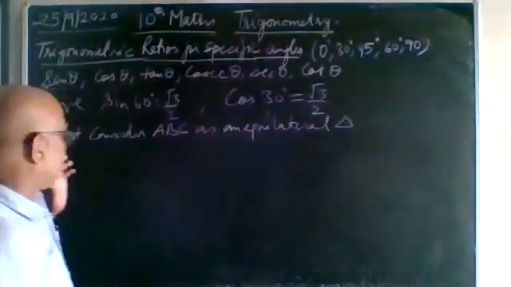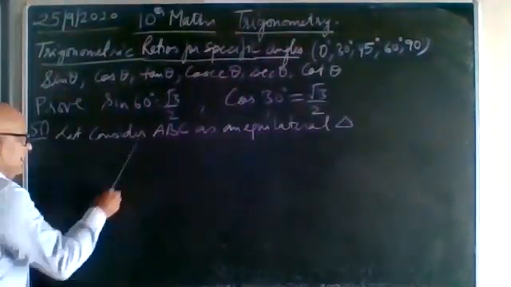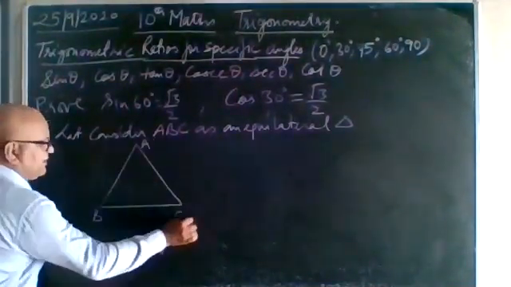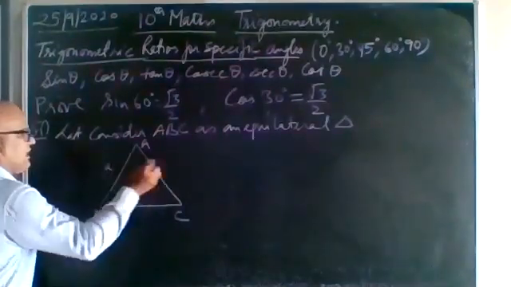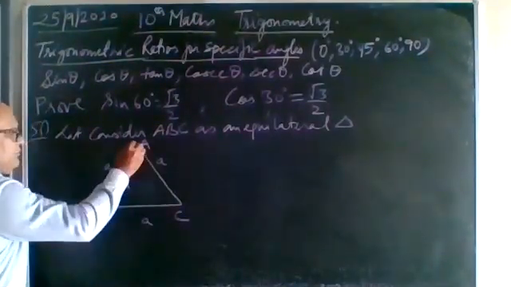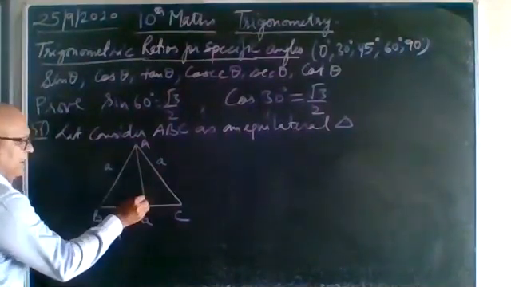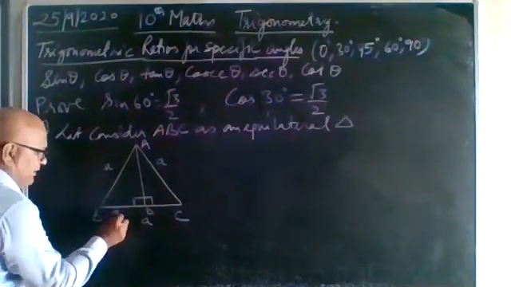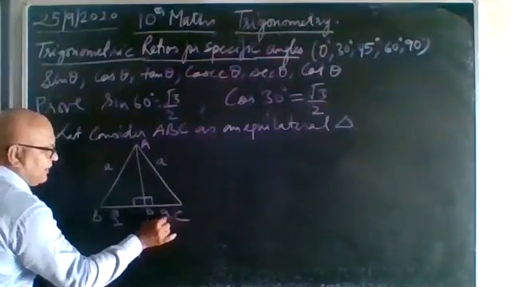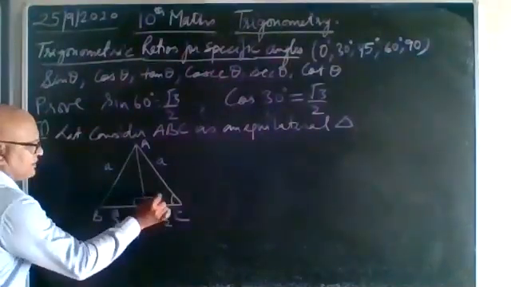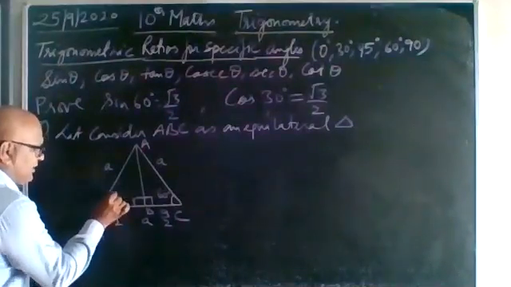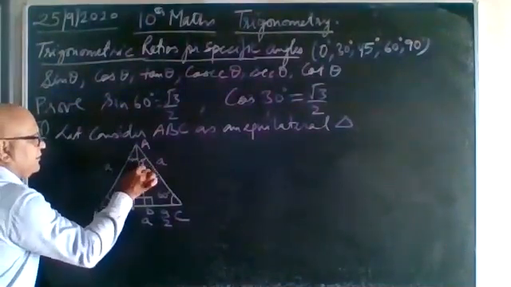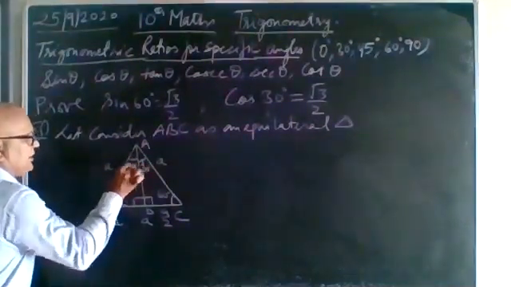Now here all sides are equal. Now you have to draw a perpendicular line D, so it will become A by 2 here and A by 2. This angle you know is 60 degree, and this is 60 degree. You can say that this is 30 degree and this is 30 degree.